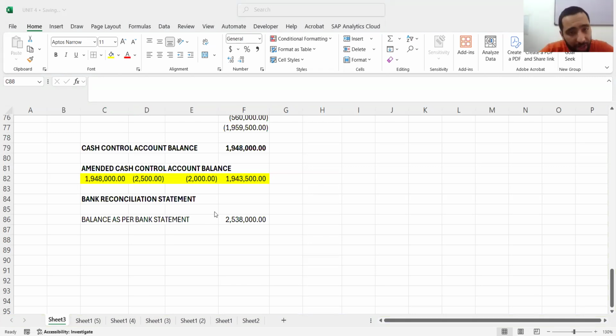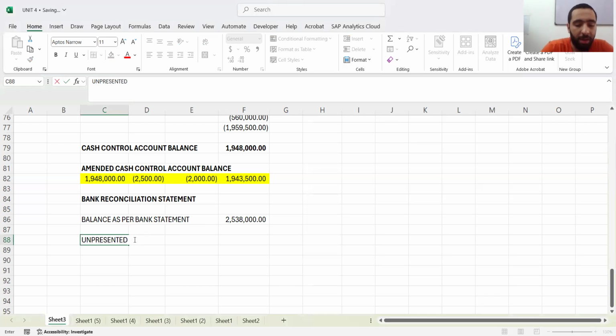The telephone bill also, 15,000: you have given the check to SLT or another service provider, but that person has not deposited the check to the bank. Very simple, right? So these are unpresented checks. One is 560,000, the other one is 15,000.